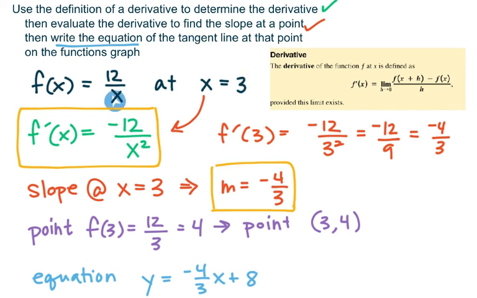I took 3 and plugged it into my function. And then the equation of the tangent line at that point is y equals negative 4/3 x plus 8. So that was using the slope and the point and my point slope equation to write that equation of the tangent line. So we're really taking all of these different concepts and applying them together.